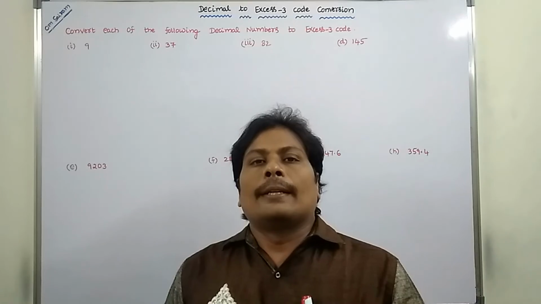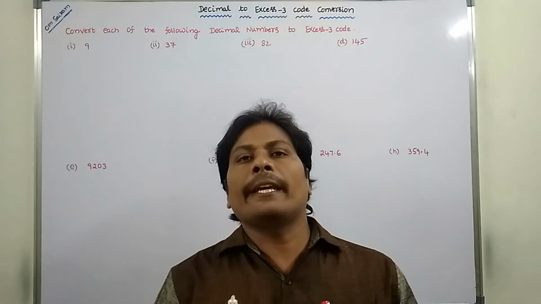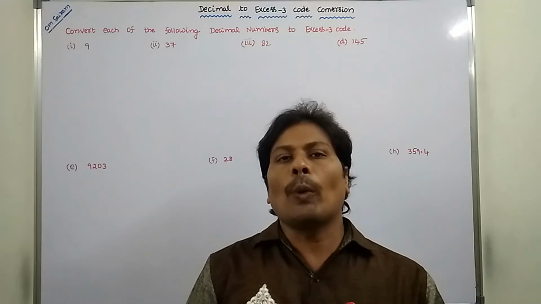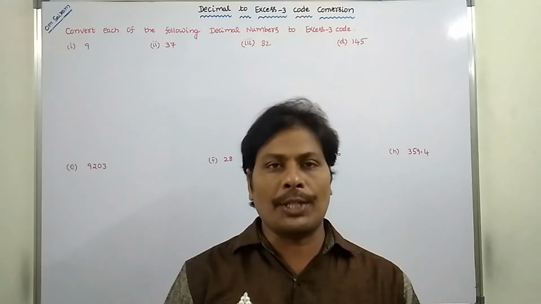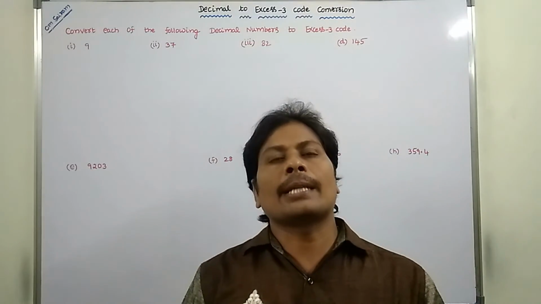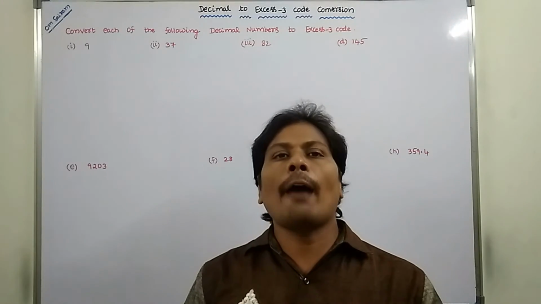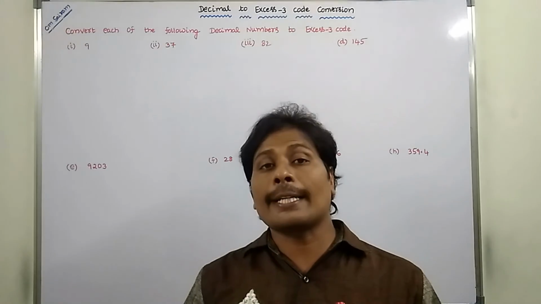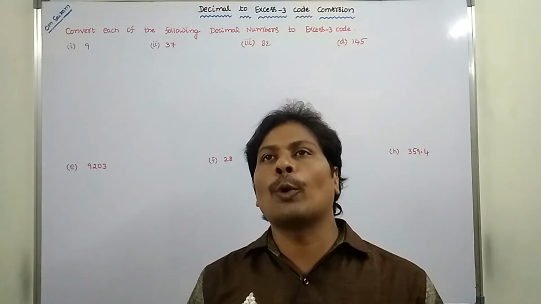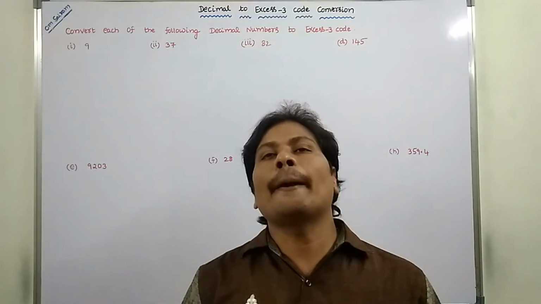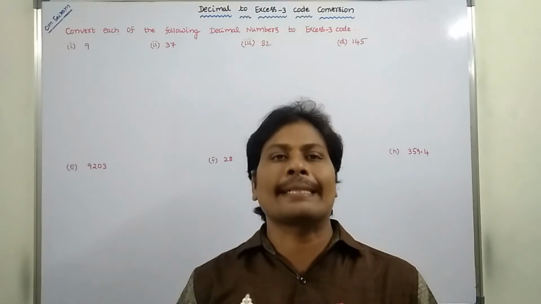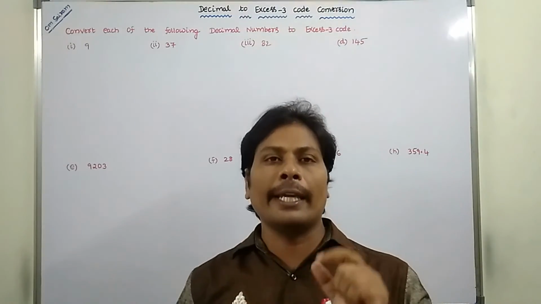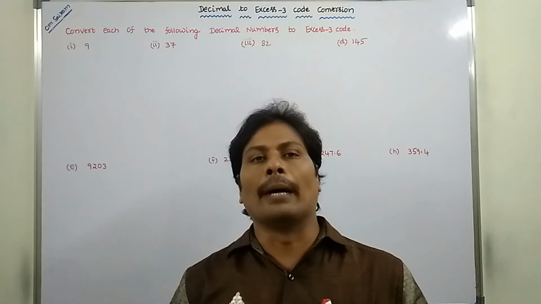Hi friends, today I am giving a lecture on decimal number to excess-3 code conversion. In this conversion, for a given decimal number, the corresponding excess-3 code is obtained by adding +3 to each and every digit in the given decimal number.